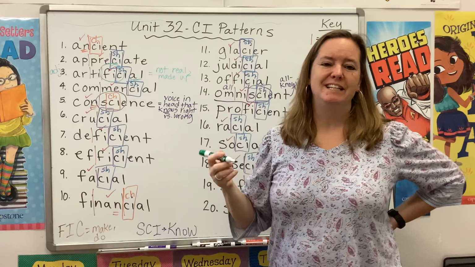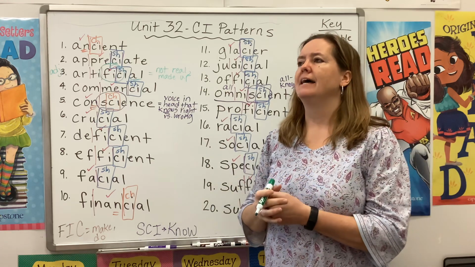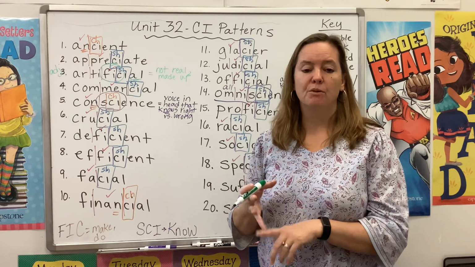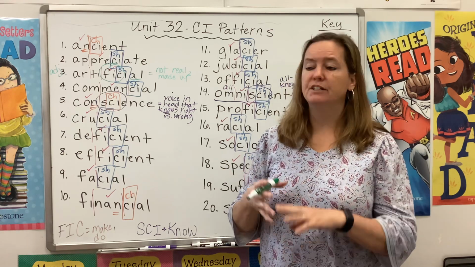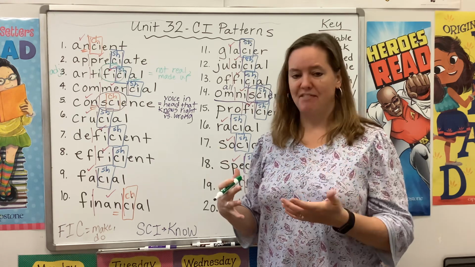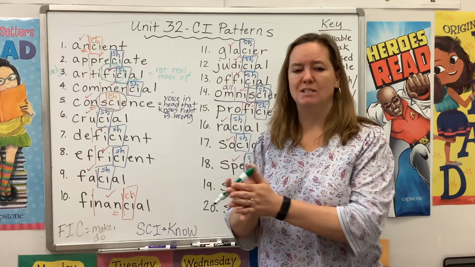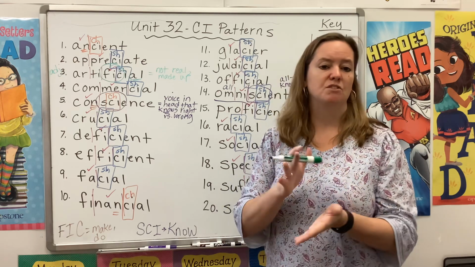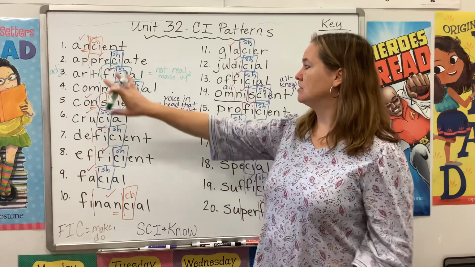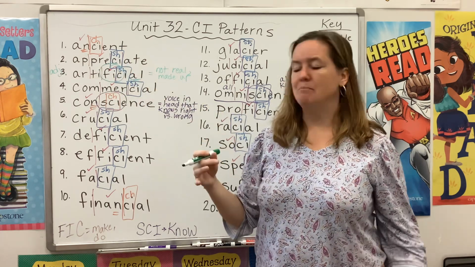So you see commercials on TV and they're talking about a healthy snack, and they say no artificial ingredients, no artificial colors, no artificial sweeteners. It means they're not using stuff that was made in a laboratory. They're not using made up stuff. They're using just real ingredients that came from nature. Okay, so if something's artificial, it's fake, it's made up.